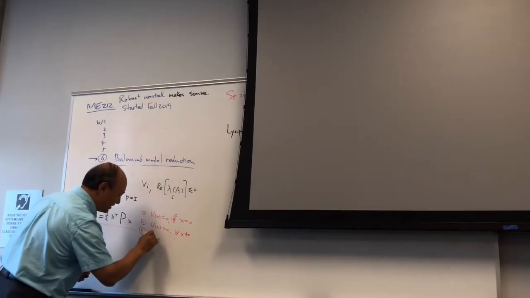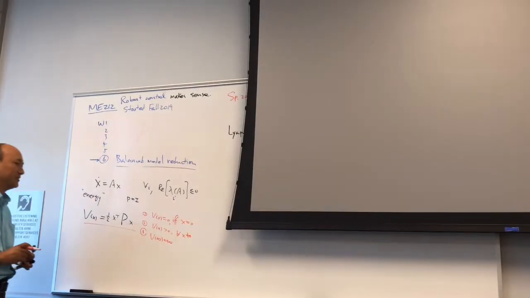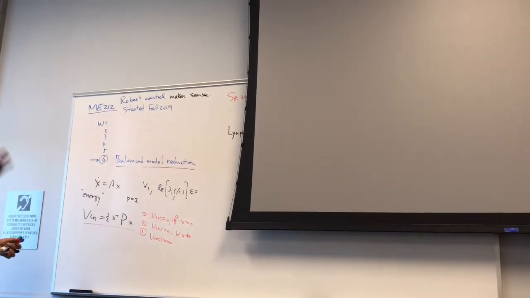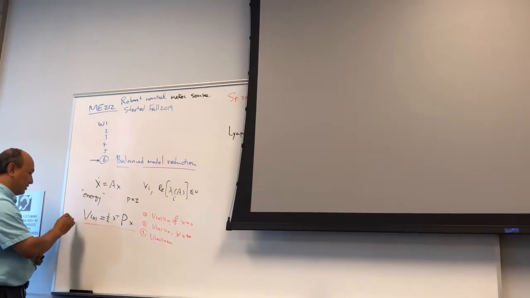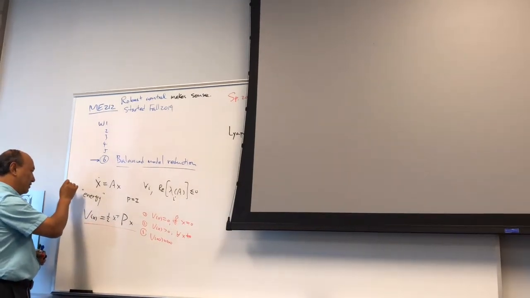So this is kind of like energy. As x goes to infinity, V goes to infinity. There's another one, V(infinity) is infinity. Okay. So these are considered as generalized energy.